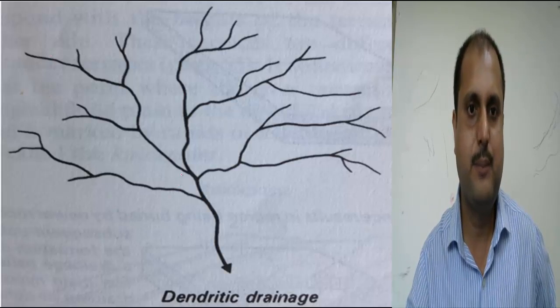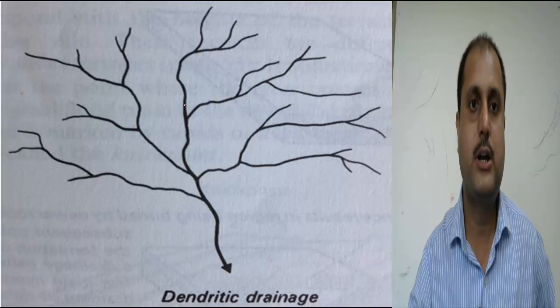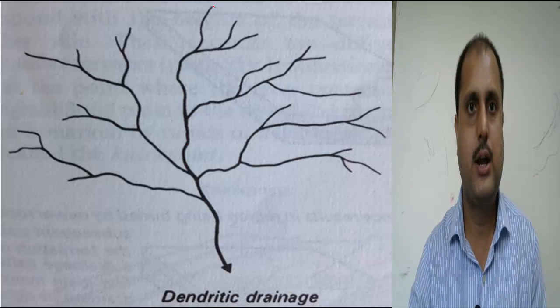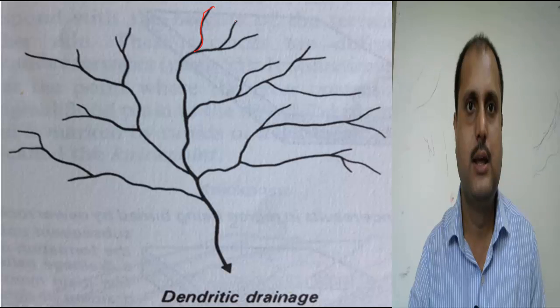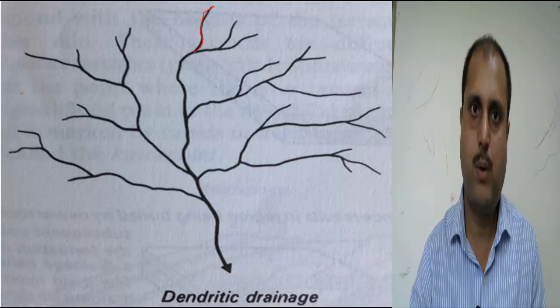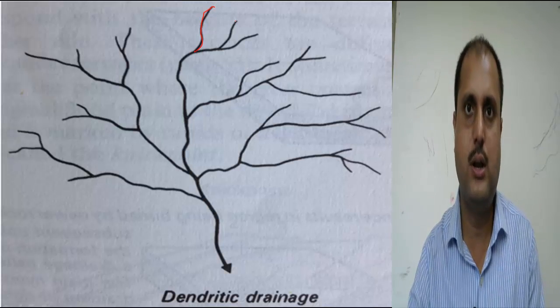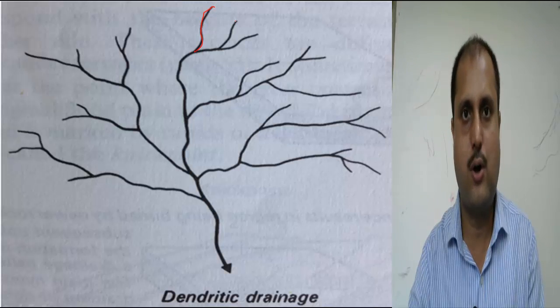This dendritic pattern will form a tree-like structure. Here the streams are coming from different places, as I have stated recently, that it will depend upon the slope of the land and the nature of the soil, as well as the hardness and softness of the rock.